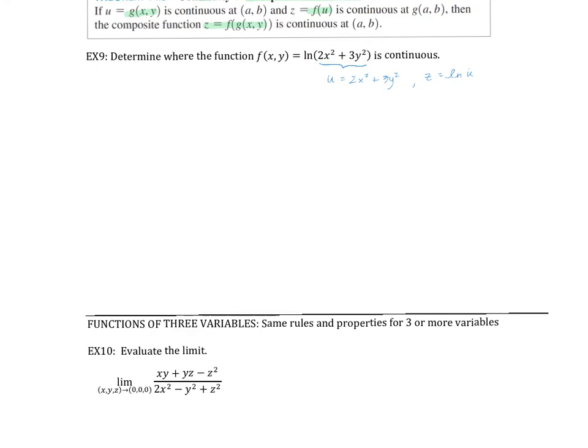Well, if we look at u, u is a polynomial. It's going to be continuous for all points x and y.